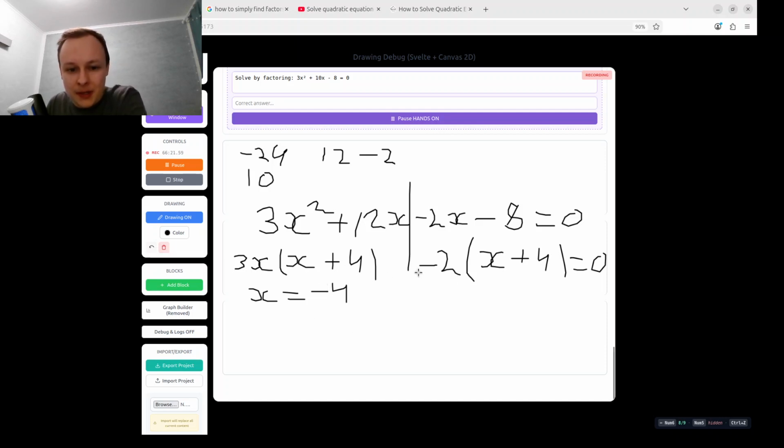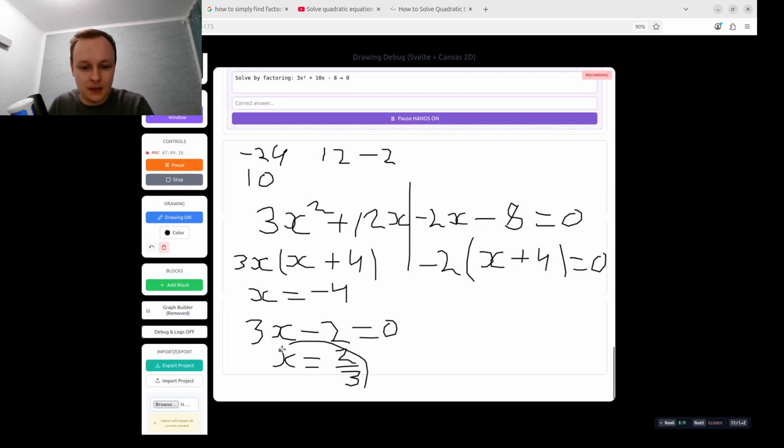And for the second, as I already told you in the previous example, if we rewrite it in the form of common factor x plus 4, then we get another simple equation, 3x minus 2, and if we simplify, we get x equals 2 divided by 3. So here we can see our two solutions.